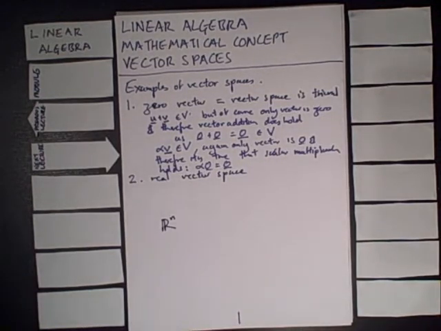Okay, moving on to a more interesting vector space, and one that will be a primary focus for us in this course is the real vector space. Why is it called real? Real refers to the fact that the elements of the vectors are all real numbers.